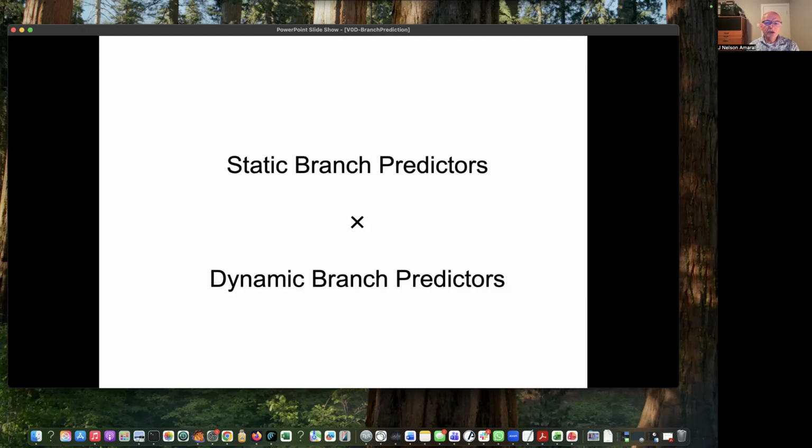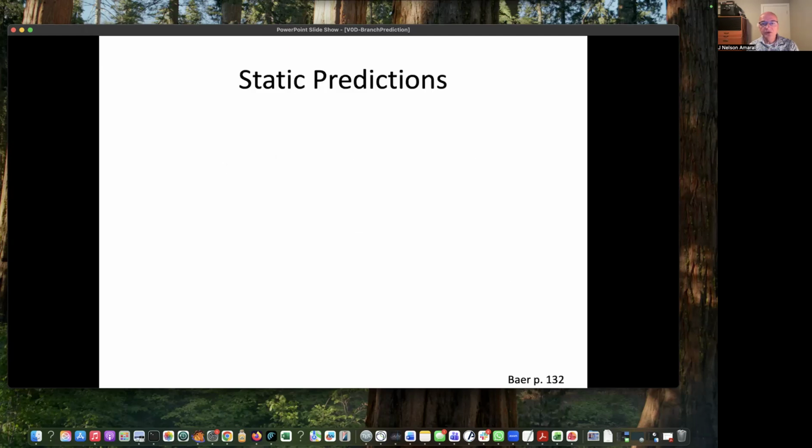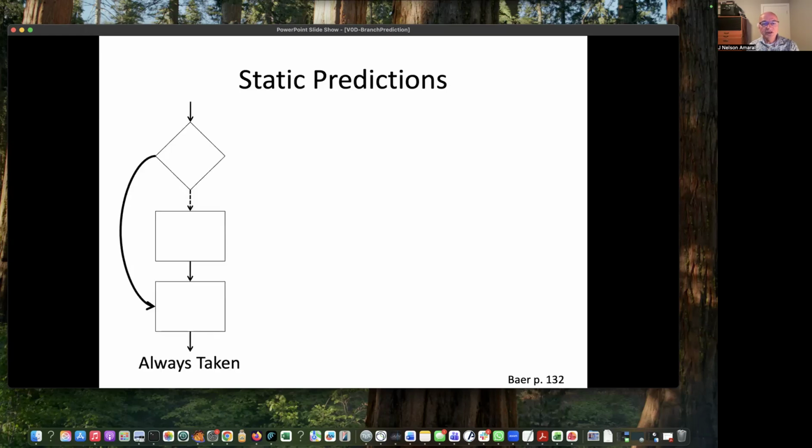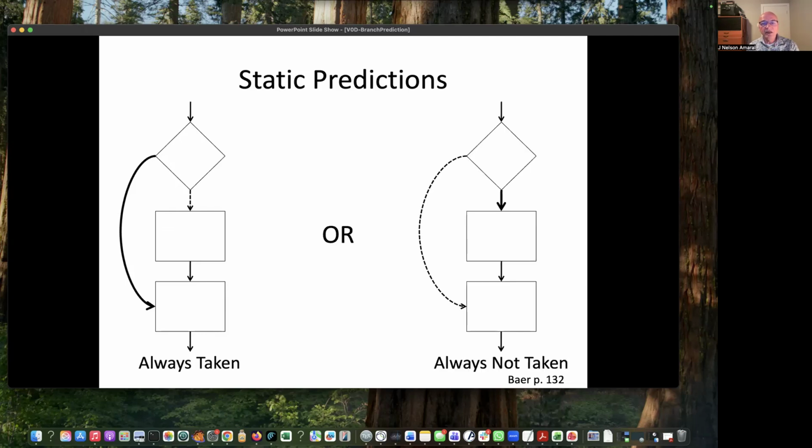So next we need to talk about the difference between static branch predictors and dynamic branch predictors. We're just going to use a few examples to illustrate that. So let's talk about static prediction first. You have an example of a control flow of a program in this slide.